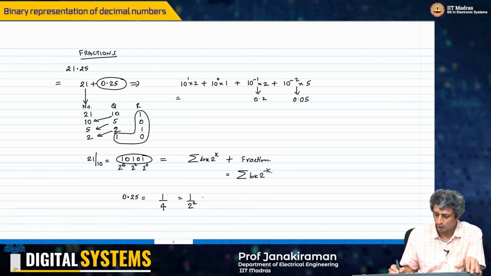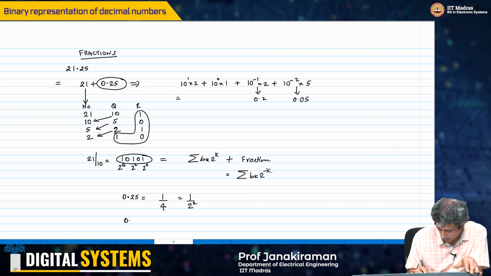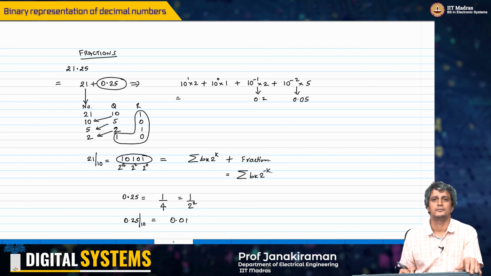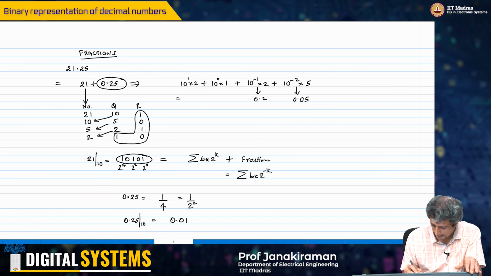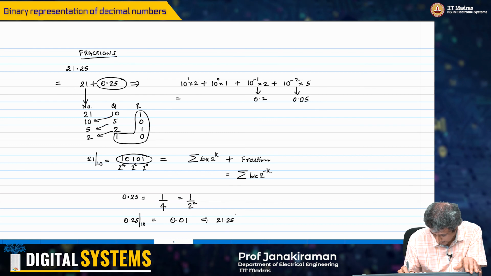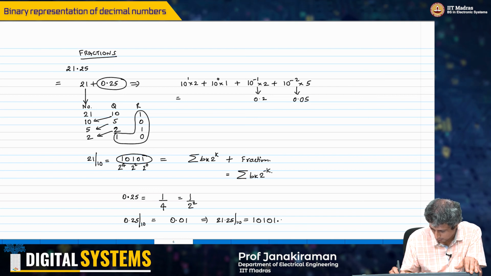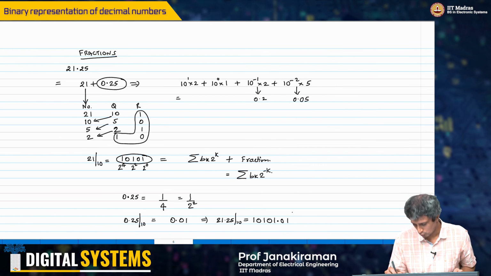And therefore, you can write the fractional part 0.25 to base 10 as 0.01, with 2 power minus 1, 2 power minus 2, which implies 21.25 to base 10 will be equal to 10101.01 to base 2.